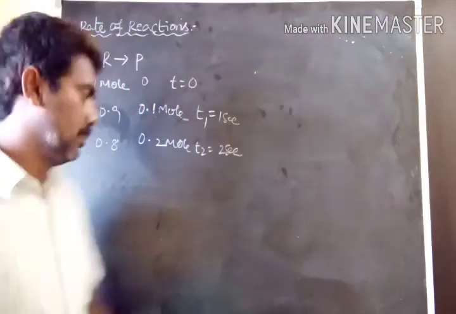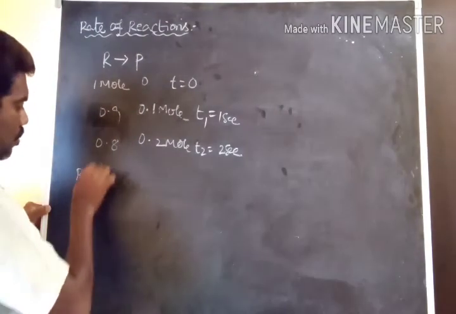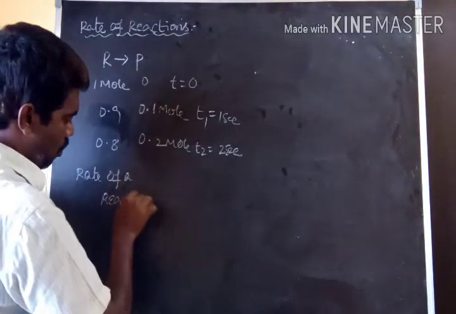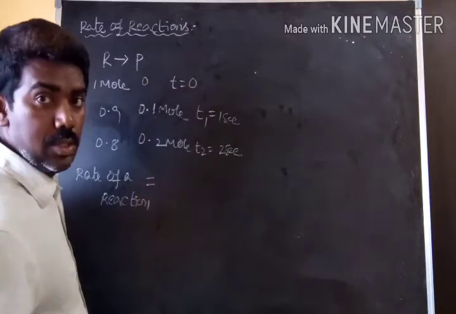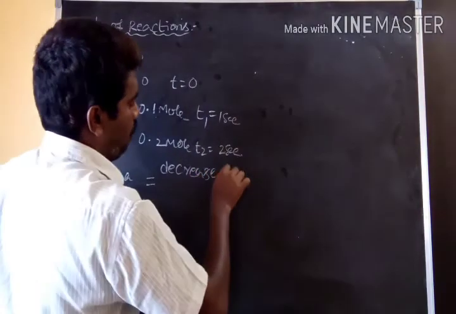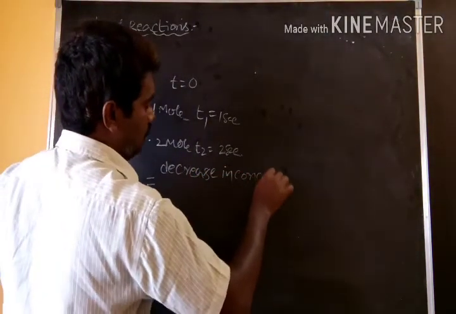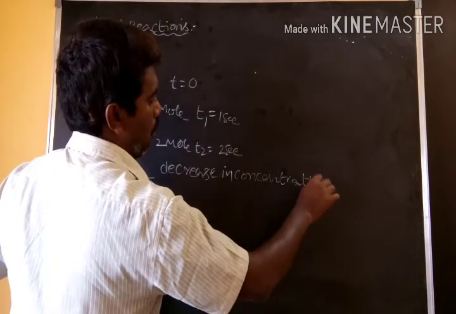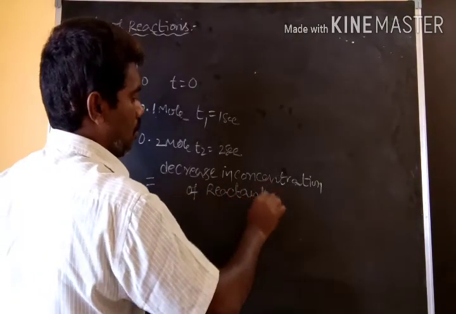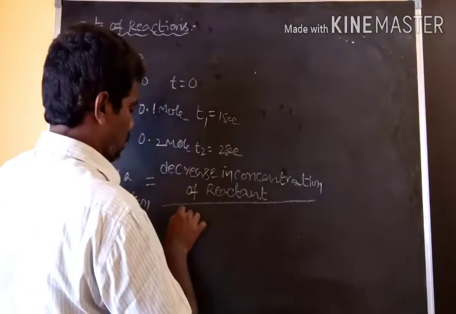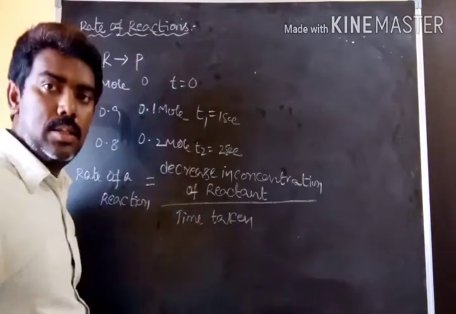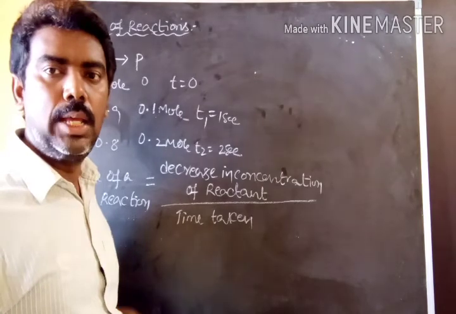Now the rate of reaction, R, is equal to the decrease in concentration of reactants by time taken.